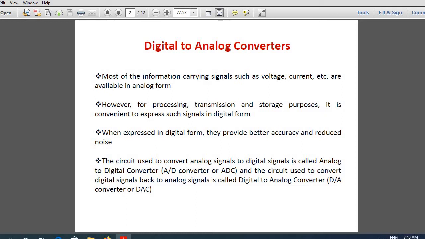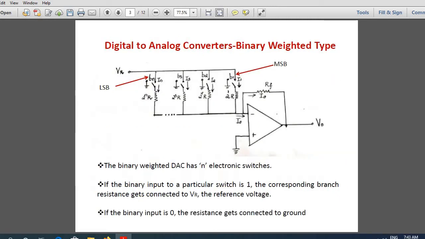In today's class we will be discussing digital to analog converters, which you usually call a D to A converter, or DAC. Now, we have two types of digital to analog converters in your syllabus.